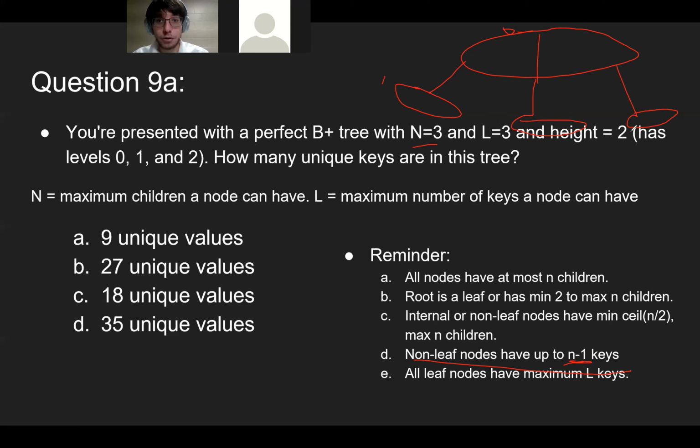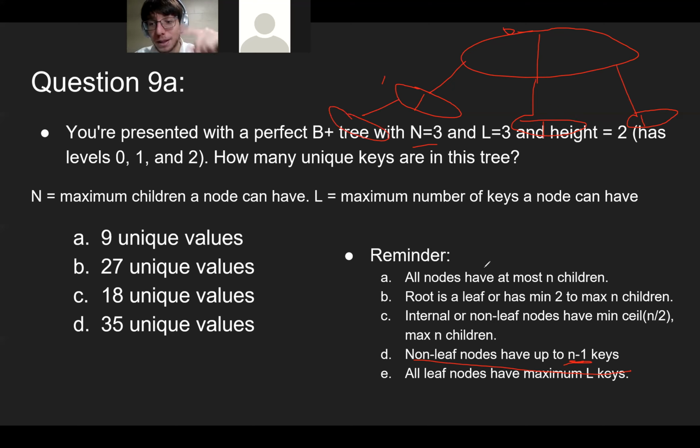So these aren't leaves, these are internal nodes. And remember, internal nodes can have only n minus 1 keys. So 3 minus 1 is 2. And now each of these also has 3 children because it's a perfect tree, and n equals 3.